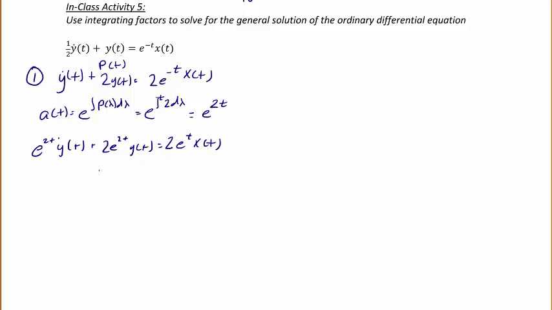x of t. So now remember, we can write the left side of the equation as the derivative of a product. So it's going to be the derivative of e to the 2t y of t, and that equals 2 e to the t x of t.